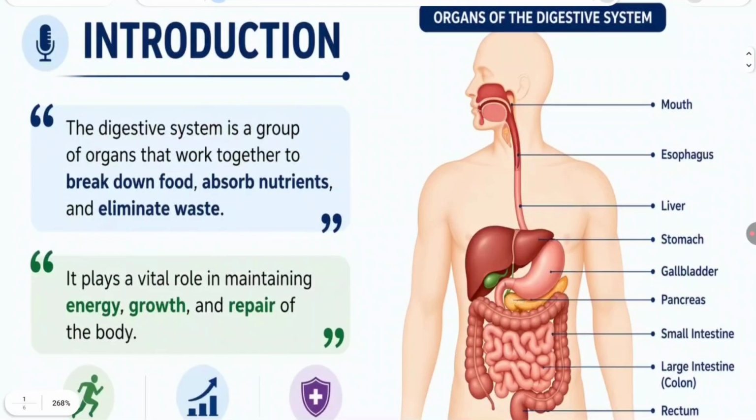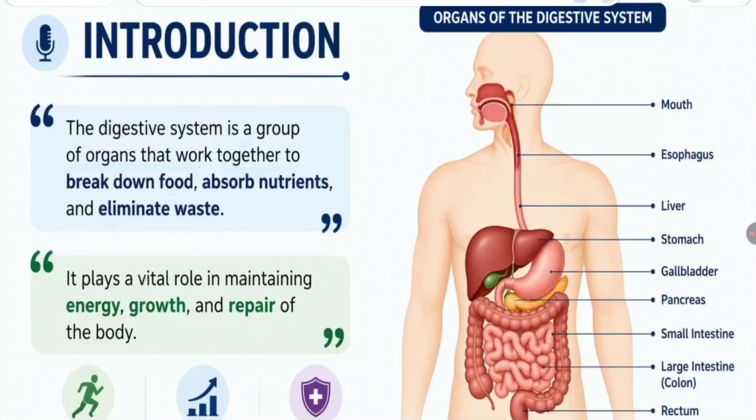As you can see here, introduction. The digestive system is a group of organs that work together to break down food, absorb nutrients and eliminate the waste. This is the simple definition. You have to remember what the digestive system is.